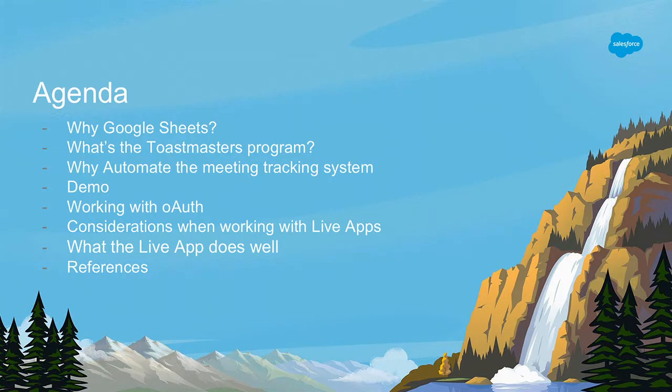Of course, talk about the meeting tracking system. That's what we automated. Demo it, right? That's really important. Talk about working with OAuth. Authentication can be very fun. Let's just put it that way. There are, of course, considerations when working with live apps, because no technology does everything. And on a positive note, what Quip does really, really well, and also references.